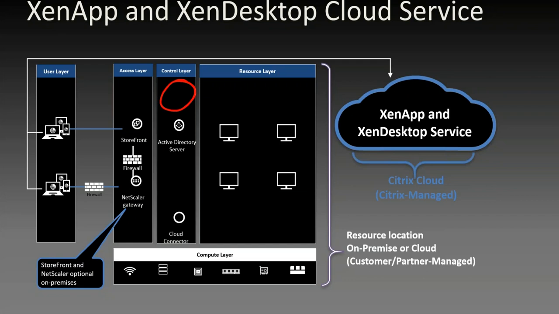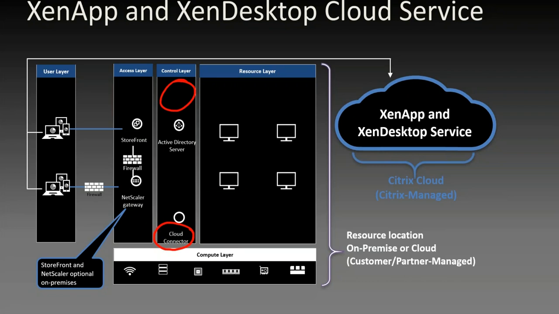So what you'll see is your delivery controllers are gone, your SQL servers are gone, and your license servers are gone. Those are hosted in the cloud. You deploy, however, a component called your Cloud Connector. This is a Windows 2012 R2 server or a 2016 server that has a component called the Cloud Connector agent installed on it.